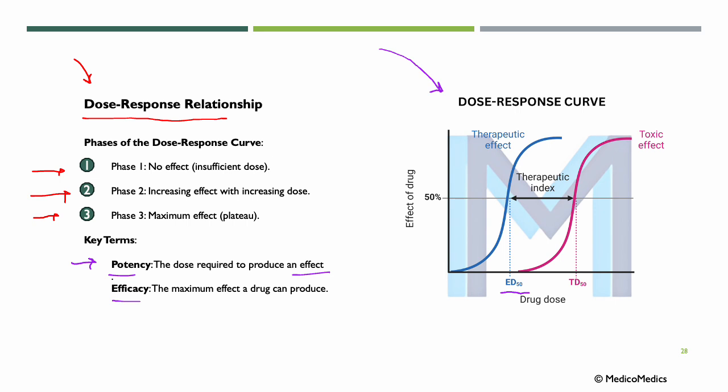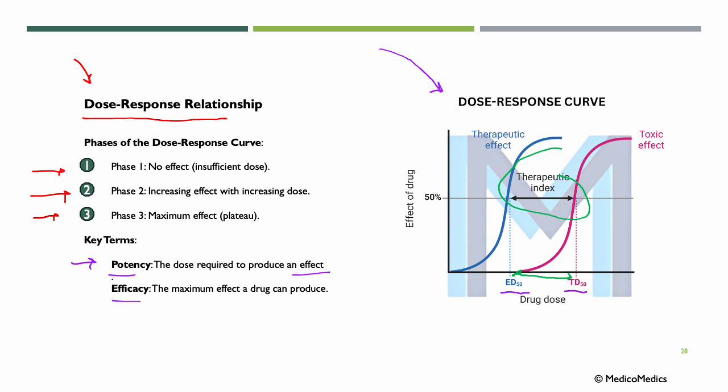In contrast, TD50 here, or a toxic dose for 50% response, represents the onset of toxicity. And the therapeutic index, the distance between ED50 and TD50, seen here, clearly illustrated, reflects the drug's safety margin.